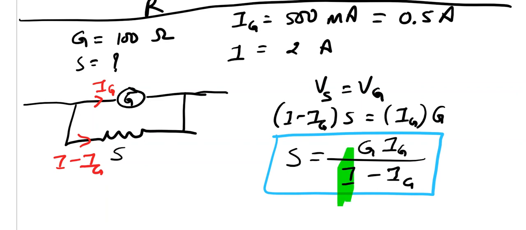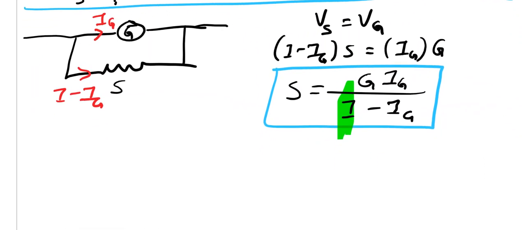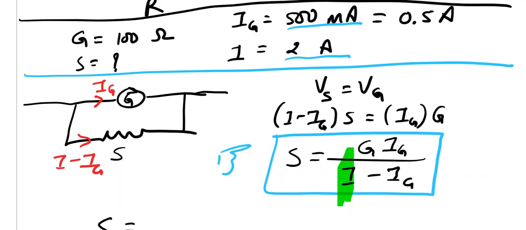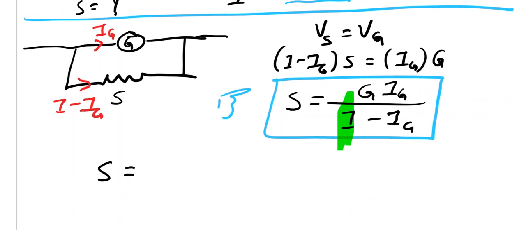So now let us look at our problem. Our problem was the current capacity of the galvanometer was 500 milliampere and we wanted to pass 2 ampere current. So which value of shunt is required? Now I can use this formula to find out the shunt value. So let me calculate. S is equal to, how much was G? 100. So 100, how much is Ig? 500 milliampere, that is 0.5 ampere.